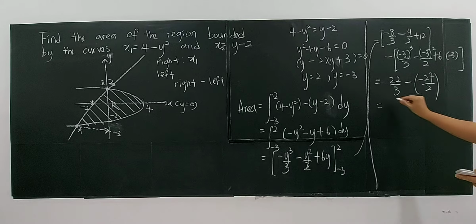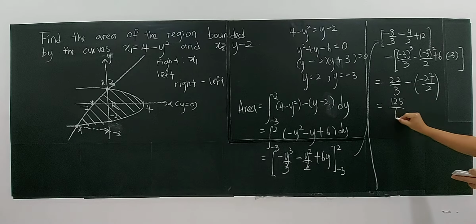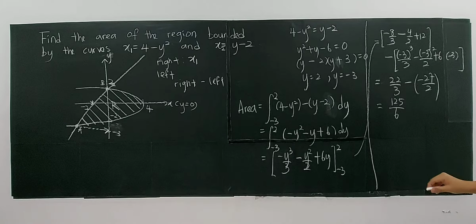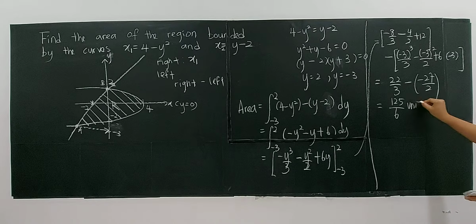So which gives me 125 over 6 unit square, right? Alright, we're getting 125 over 6.